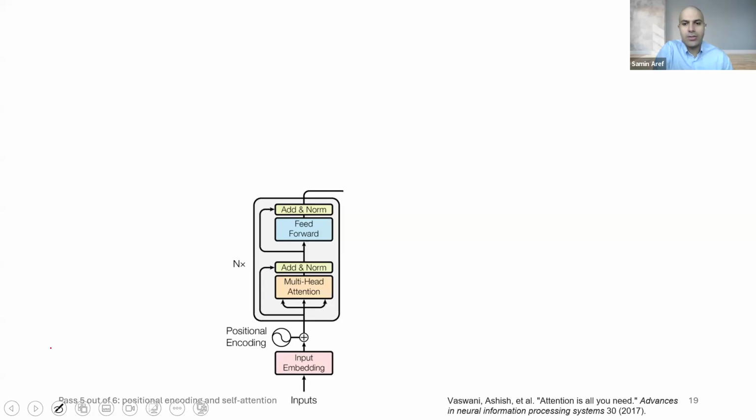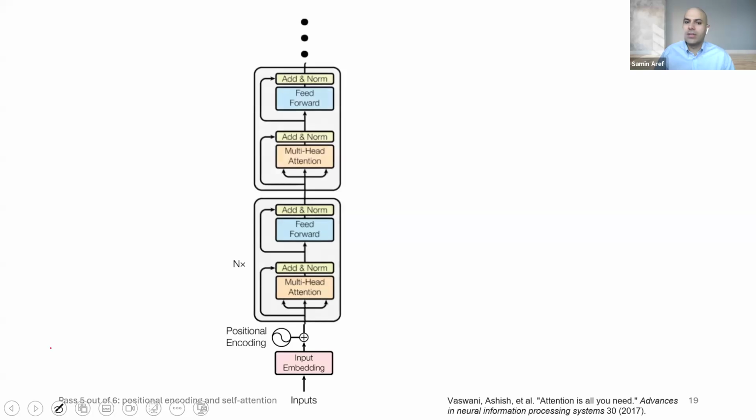And the developers of the BERT language model stacked 12 encoder units on top of each other and called it BERT base. They also produced another version, BERT large, which had 24 encoder units stacked on top of each other. And the reason why they used multiple encoders on top of each other is the same reason why we use multiple layers with a nonlinear activation to increase the expressive power of deep learning models.